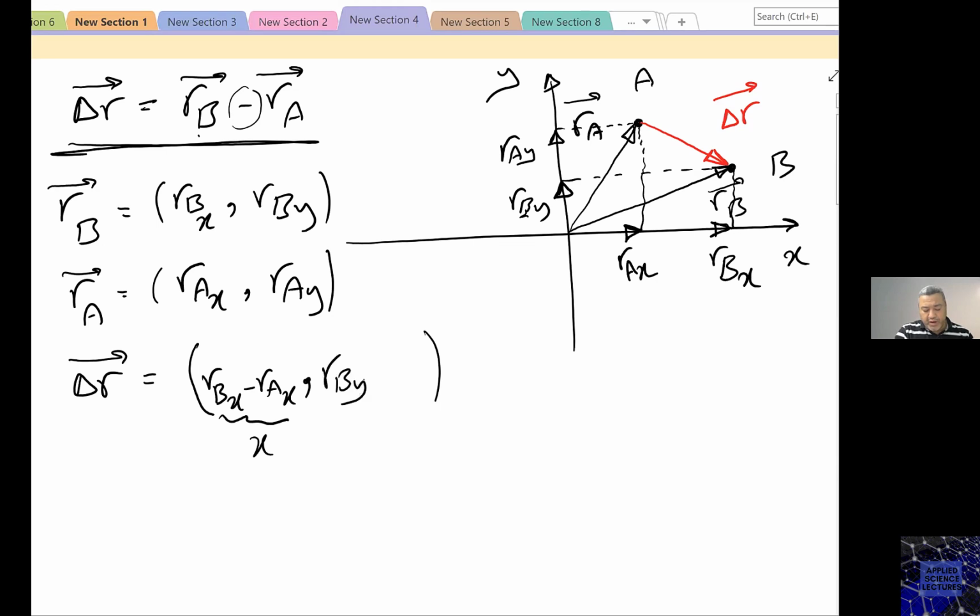RBY minus RAY. And this is the Y component. Now I got my vector that has its own projection on the X, which is the difference between the two projections on the X. And I have its projection on the Y, that is the difference between the projections of the Y for both vectors.